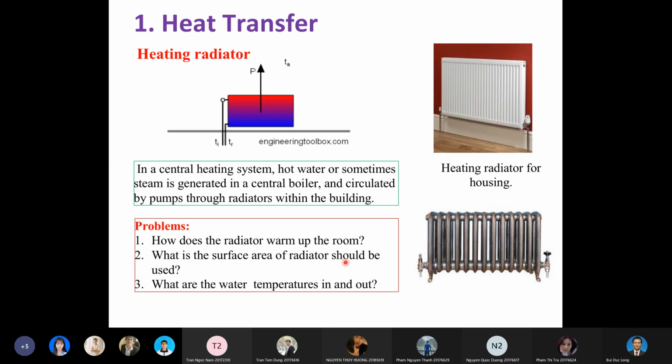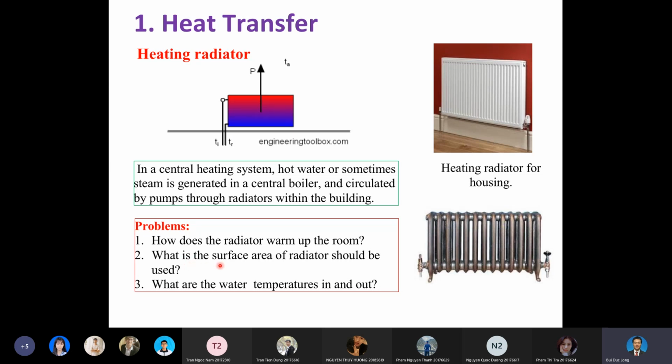As I mentioned, the problem is how does the radiator warm up the room? You have to study the behavior of heating up the room, so you can control it, and so you can design or optimize.